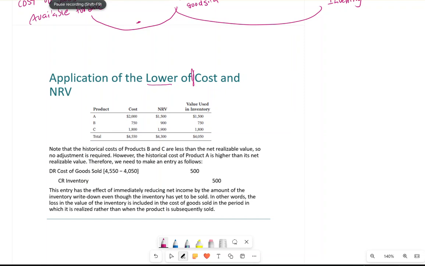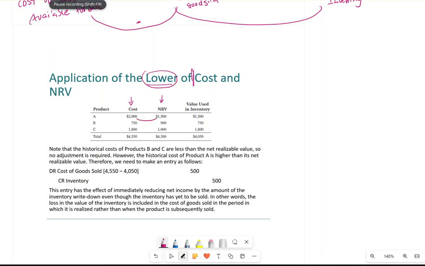So in this case, we have to calculate the cost, and the net realized value will be given to you, meaning how much the inventory you have can be sold in the market.